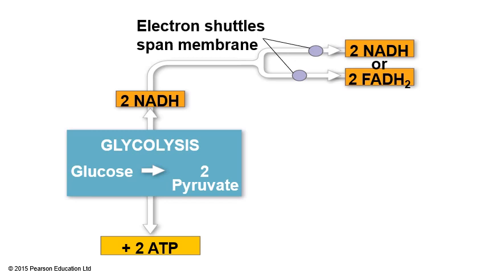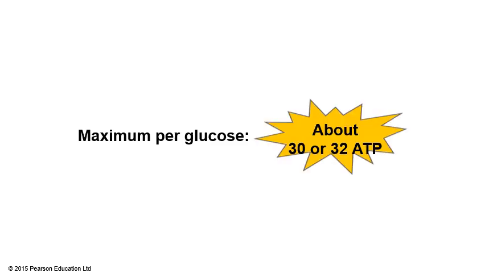That's why the overall productivity can sometimes be reduced. Sometimes, when it is lucky, they can go through the mitochondrial membrane freely. Depending on the shuttle system, it can affect the final ATP yield, about 30 or 32 ATP from one molecule of glucose.